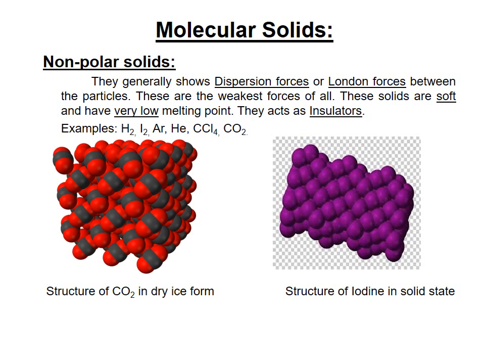Similarly, iodine at room temperature is in the vapor form, but by lowering the temperature or putting it under pressure, it is converted into solid form. These nonpolar molecular solids do not have any free electrons or ions in their compounds. As a result, they do not conduct electricity.